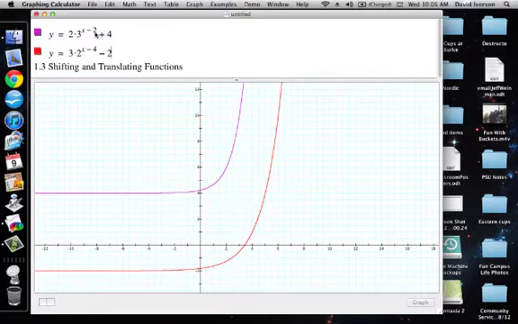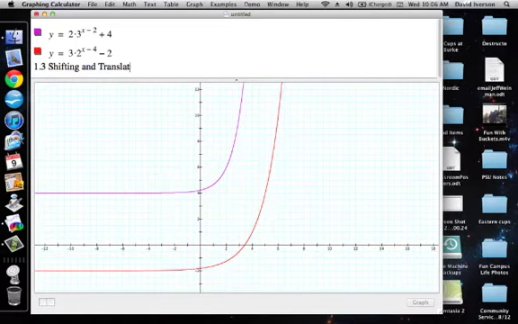I've given it more horizontal shift in going from 2 to 4, and I've given it a lower vertical shift in going from positive 4 to negative 2. Okay, so there's one that ties over from last class.